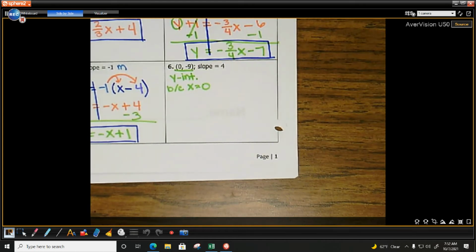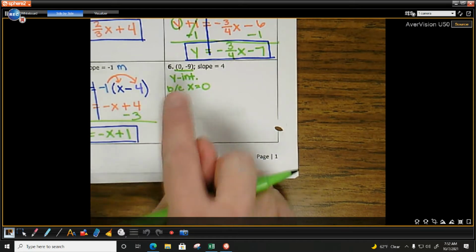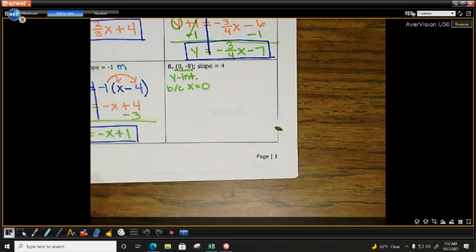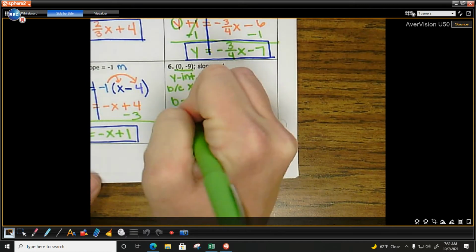How do you know you have an x-intercept? Y is 0. That's what we talked about last unit. If x is 0, you're on the y-axis. Therefore, that negative 9 is my what value? It's your y-intercept. What letter do we use to represent y-intercept? That's your b. So b is negative 9.